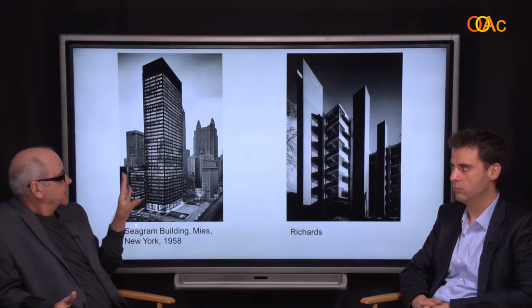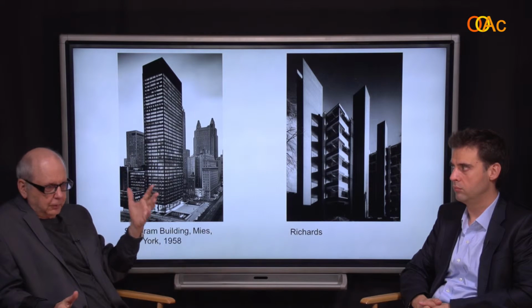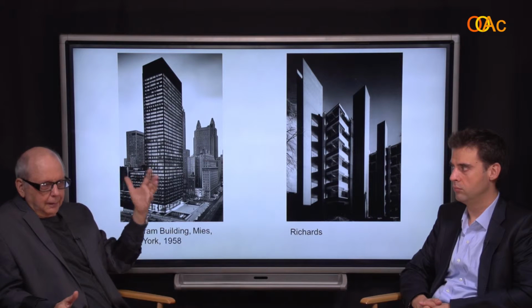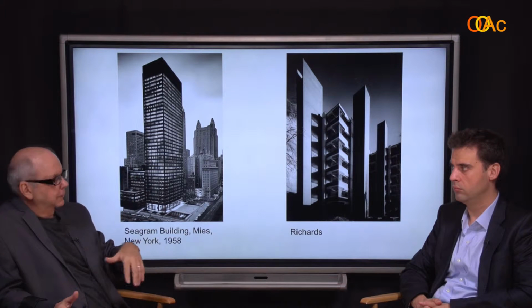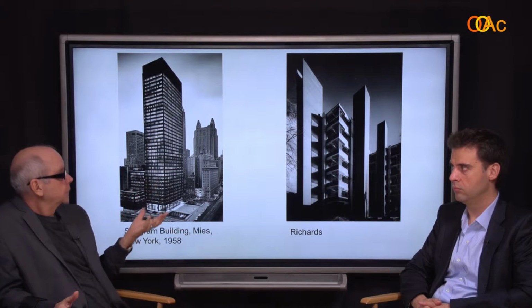And it's not articulated. So Kahn looked at it and said, you know, it's got elevator shafts, water pipes, drainage, on and on and on, electrical conduits, etc. You don't see them.